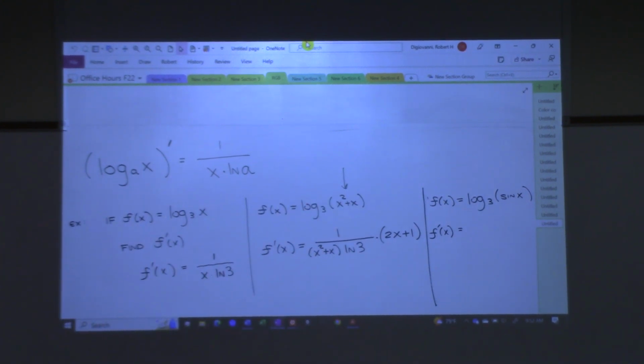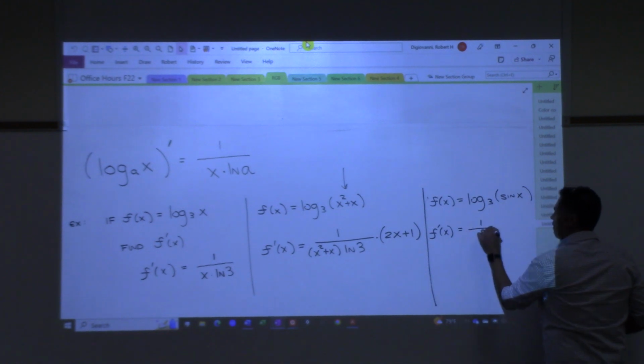Just the raw derivative. And I'll ask for a volunteer. Leslie. It's very similar to the previous one, right? All right, let's hear from somebody.